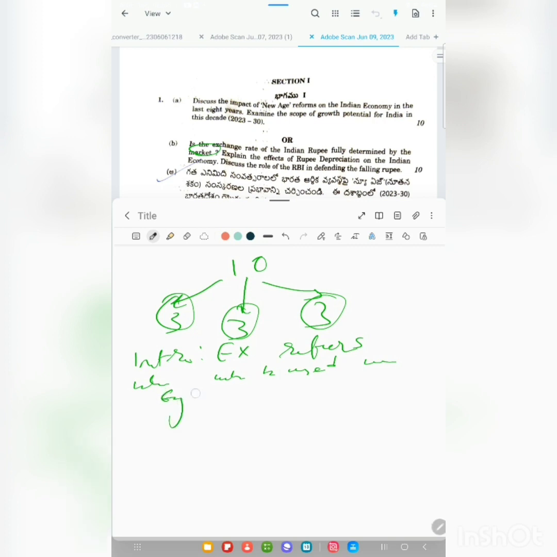I wrote about the indicators we follow for determining the exchange rate, which are the nominal effective exchange rate and the real effective exchange rate. Then I started writing whether the exchange rate of the Indian rupee is fully determined by the market.